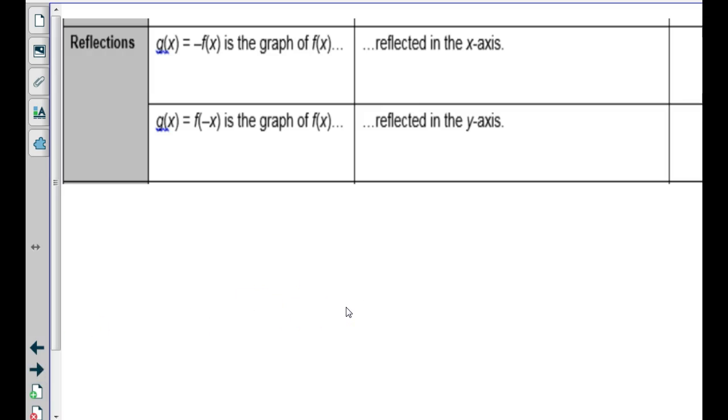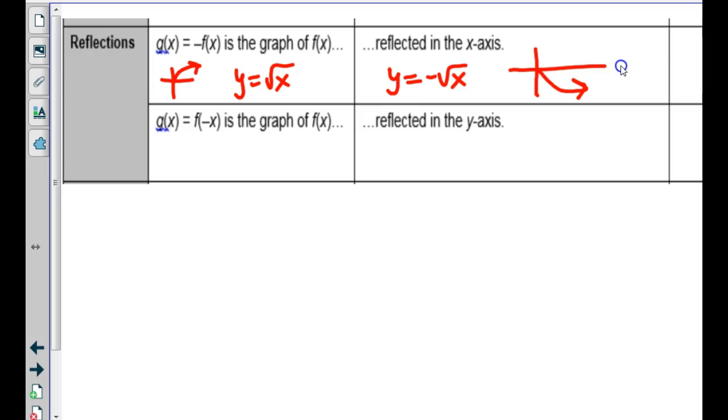So it didn't matter. So we'll use a different sketch this time to exemplify these. Okay, so if our original function was y equals square root of x, putting the negative on the outside, okay, so the original function was here. Putting the negative on the outside would make all of the y's negative, and it would go down here. So it changes y values.